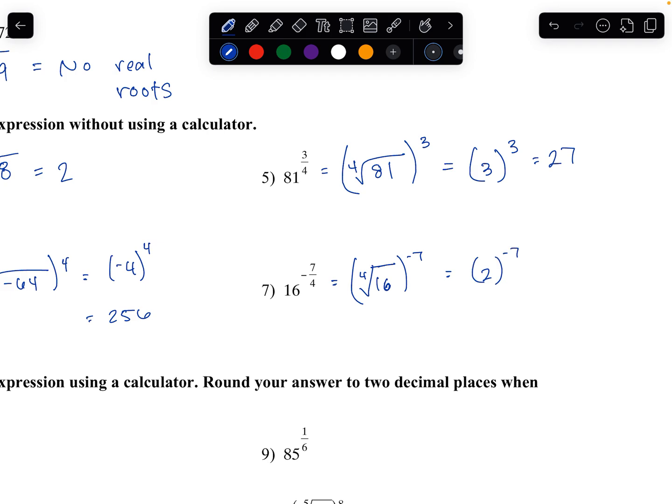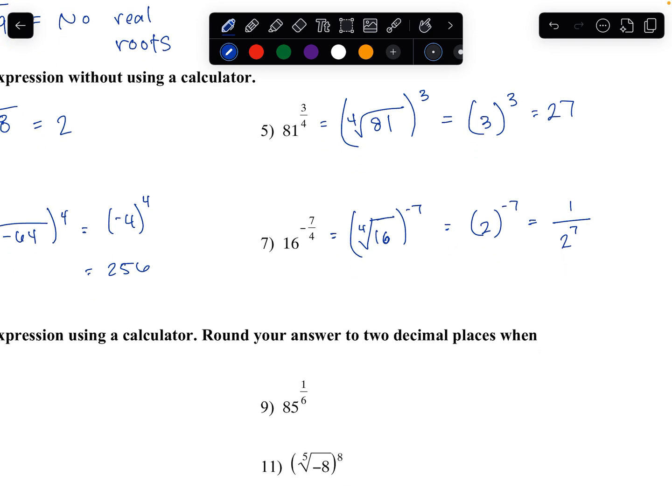And then I have a negative exponent, and negative exponents we use reciprocals for. And so 1 over 2 to the 7th. And then 2 to the 7th, 2 times 2 times 2 times 2 times 2 times 2 times 2. Is that 7? 1, 2, 3, 4, 5, 6, 7.